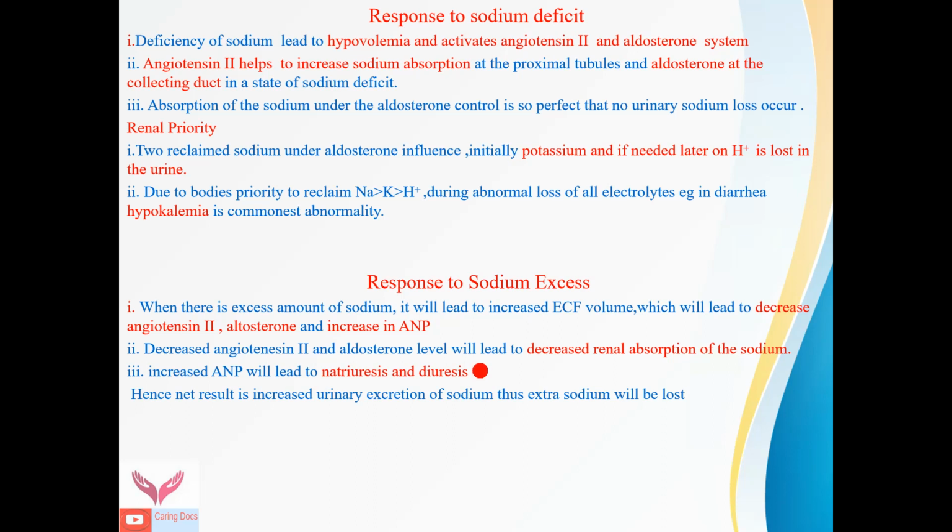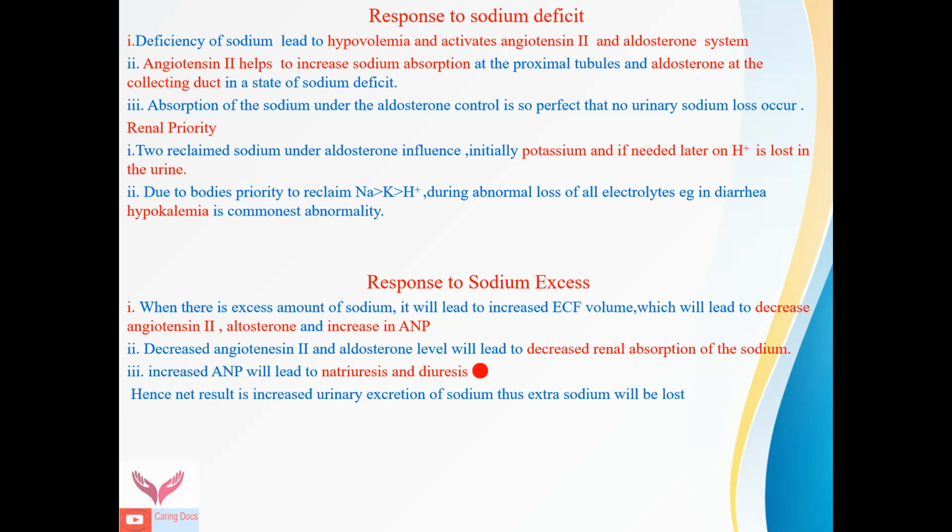Secondly, whenever there is sodium excess, this leads to increased extracellular fluid volume. So the secretion of angiotensin 2 and aldosterone will decrease, but volume expansion or increased extracellular fluid causes stretching of the atria, and that causes an increase in secretion of the atrial natriuretic peptide.